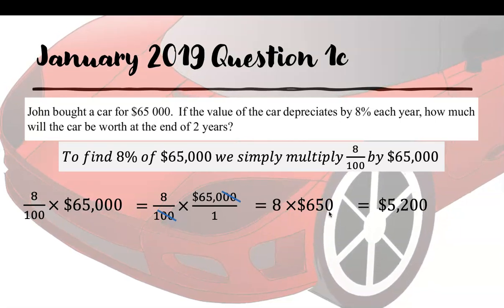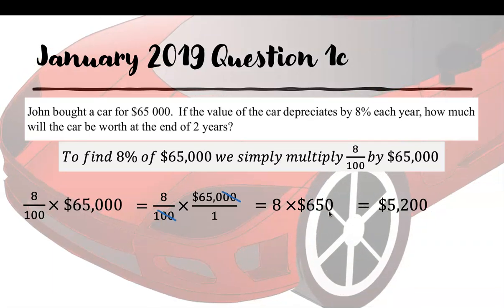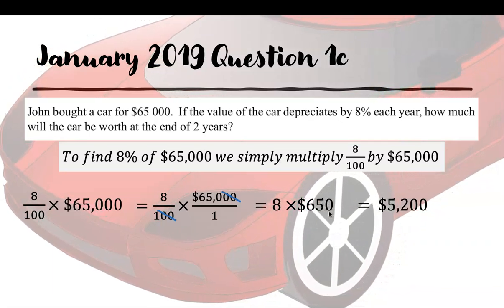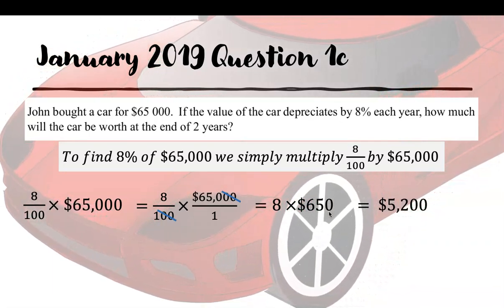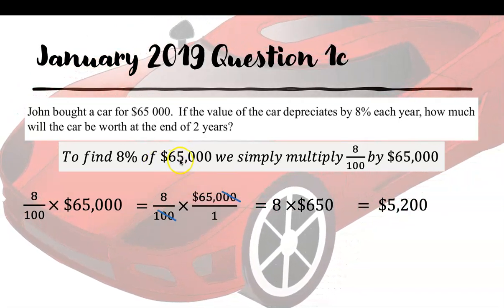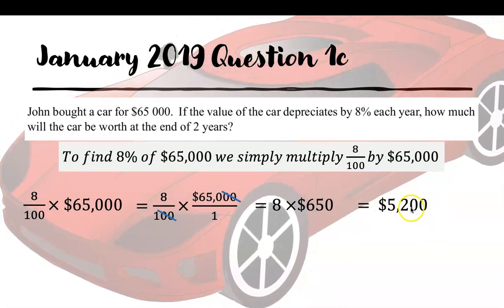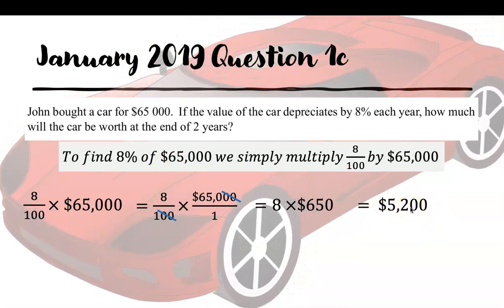Right? So 8% of $65,000 is $5,200. And we're saying that the total value of the car will fall by 8% of 65,000 or fall by $5,200 in the first year.